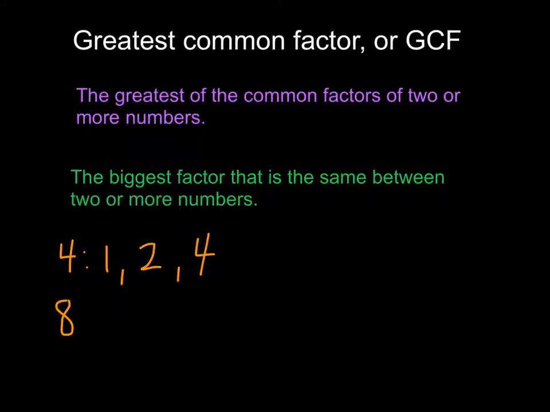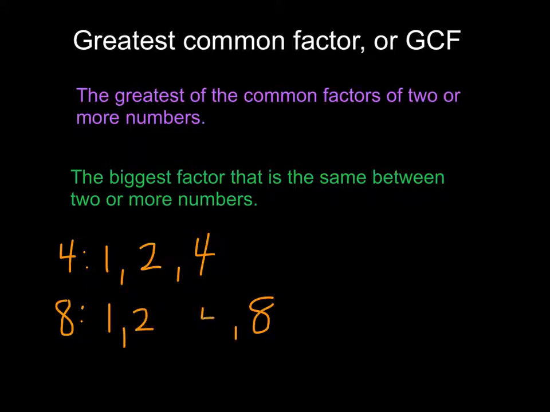Another way to think about it is what numbers could you multiply by another whole number to get to that number? I could take 1 times 4, or I could take 2 times 2. So factors of 8, numbers I could multiply to get to 8, or numbers I could count by, would be 1 and 8. Let's see, 2 and 4.